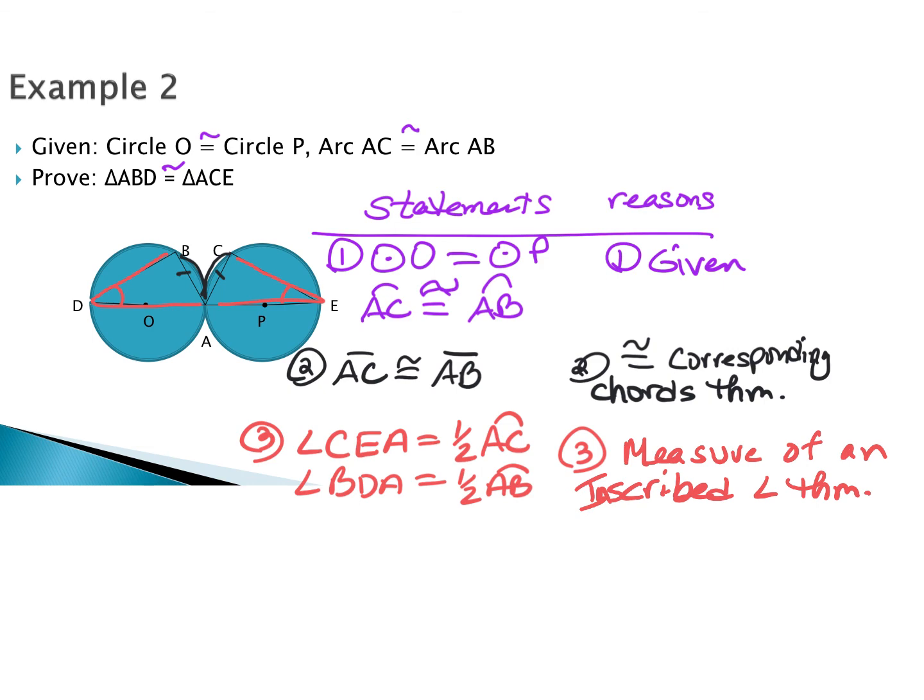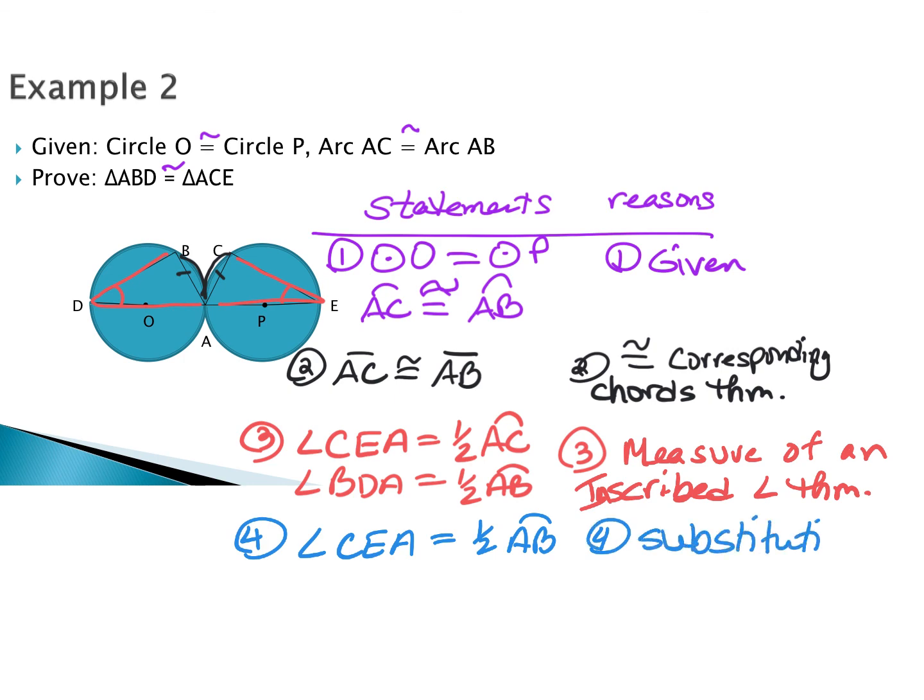Now, because I was told that arc AC was congruent to arc AB, that was my given, I can now do a substitution. So now what I can do is state that angle CEA is equal to 1/2 arc AB. I'm substituting. So substitution.